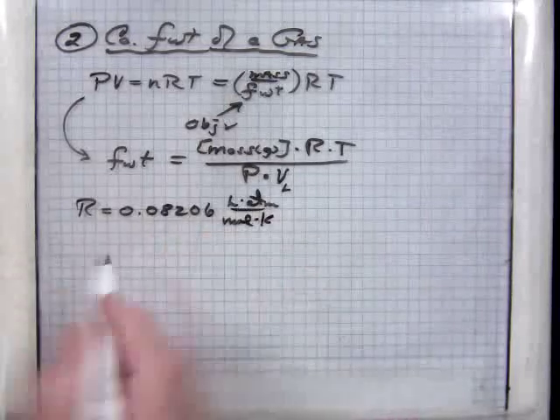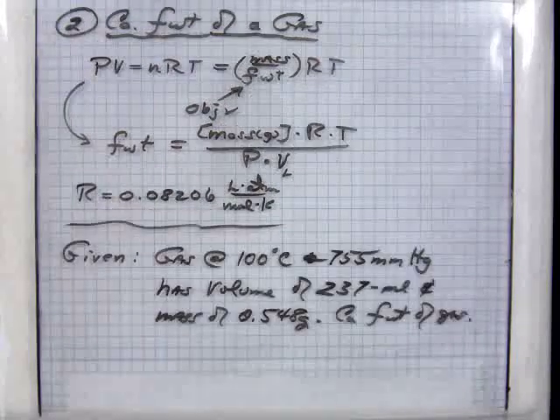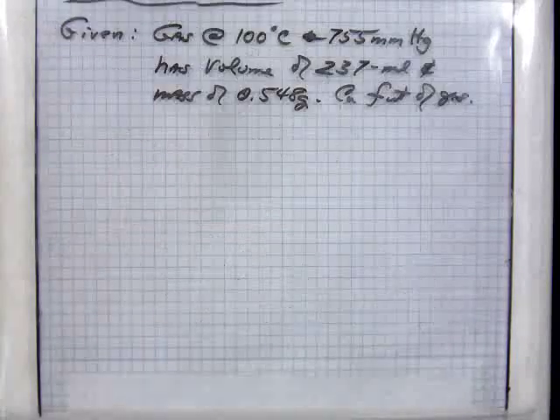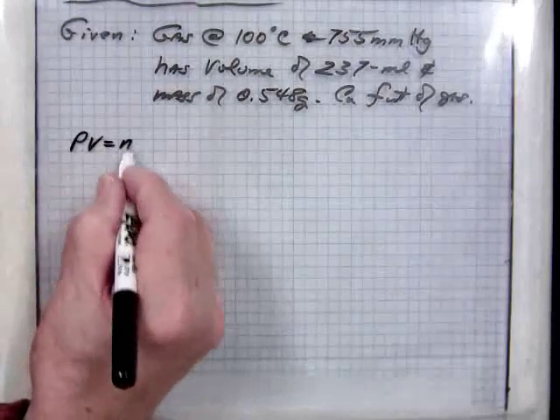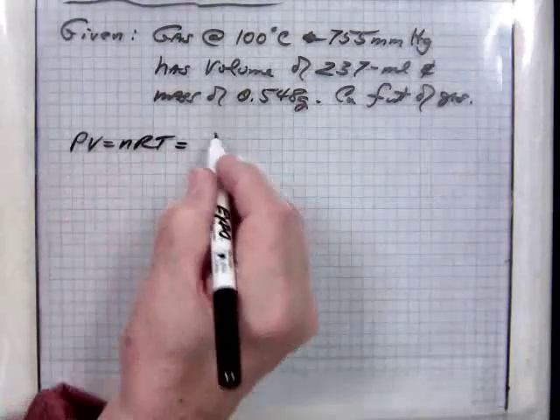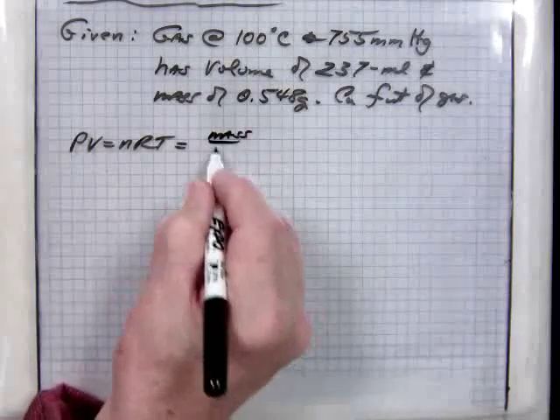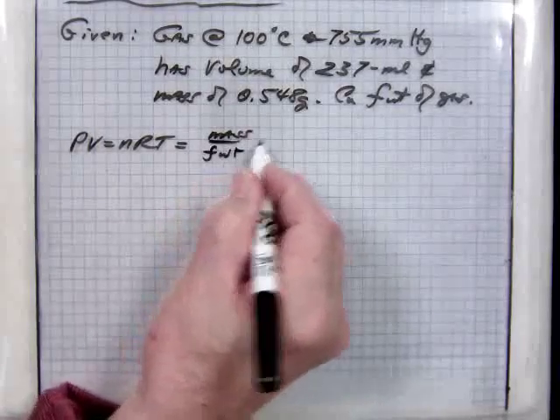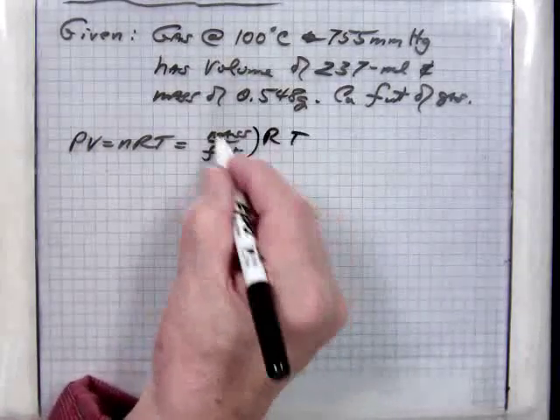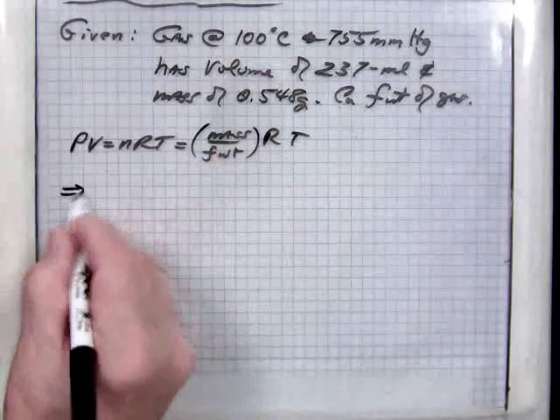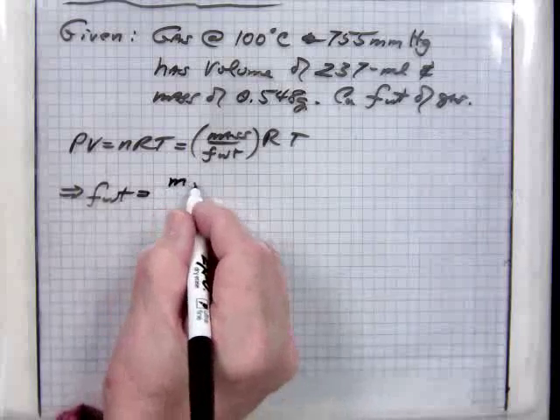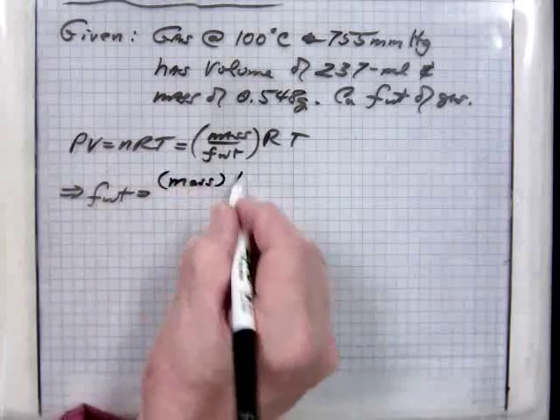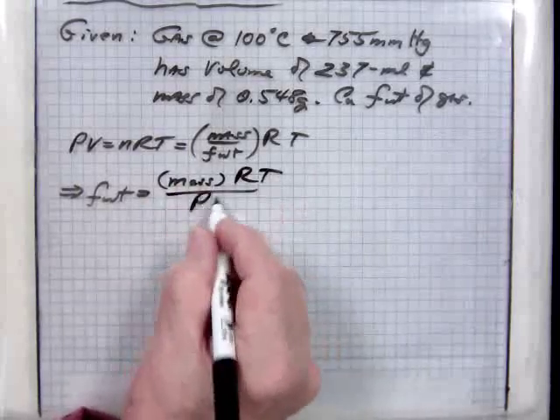Okay, so we recall that PV equals nRT, which equals mass over formula weight, RT. Solving for formula weight is mass RT over PV.